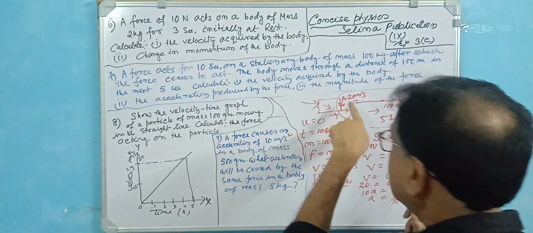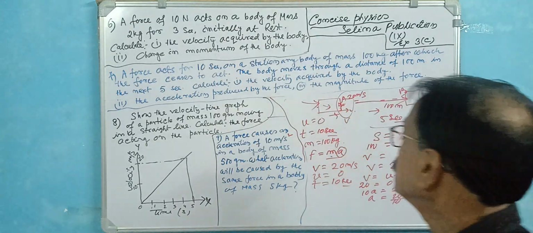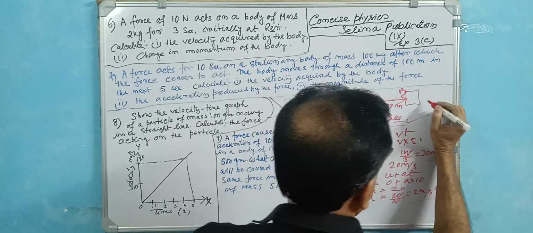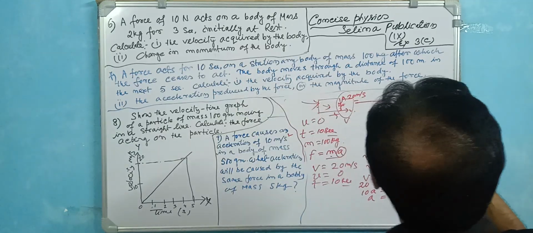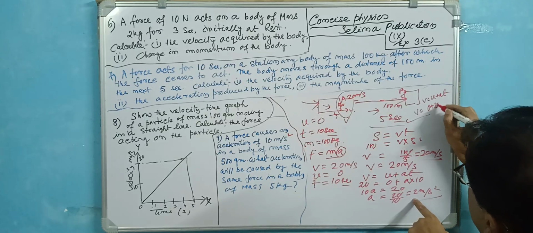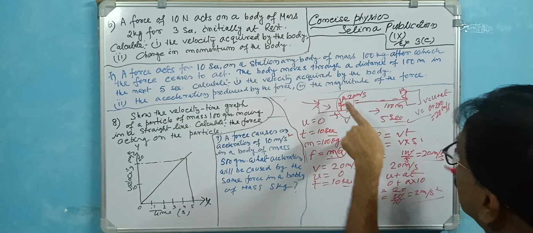Here, which one is the velocity acquired? V is equal to u plus at. Suppose this is 20 from here, you calculate, and here v is equal to u plus at. Now u is 0, a is 2, and with 10 seconds acting, it is 20 meter per second. That's the same.